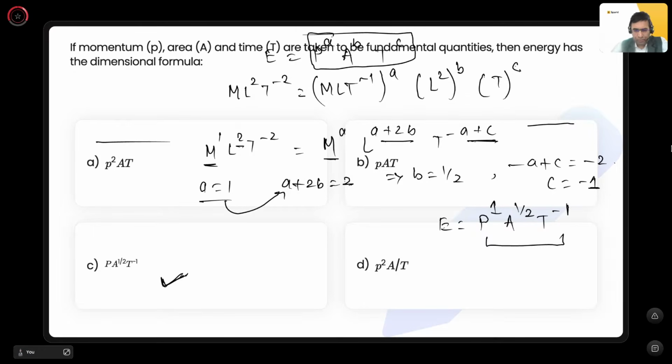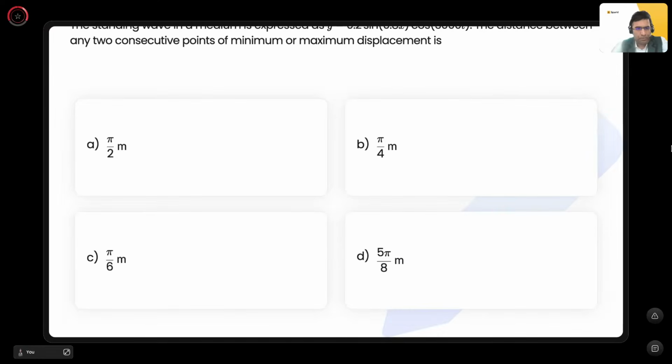Okay. Next question. Standing waves, again a very important concept. I advise you to do all the variations of this particular question when a standing wave equation is given to you. Standing wave की सारी properties आपको याद होनी चाहिए.